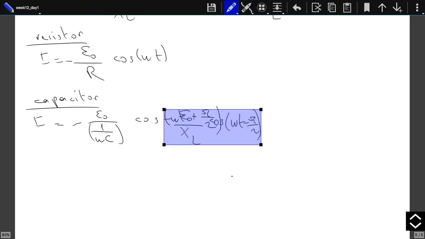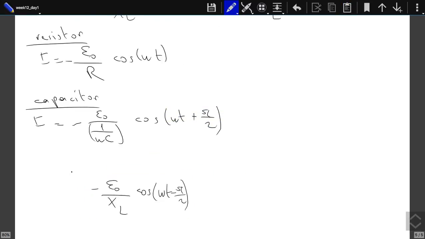This is for the inductor. Now, they will look similar. Well, let me also change that to XC.